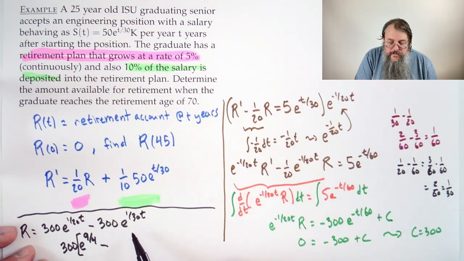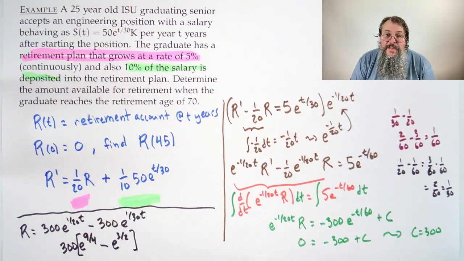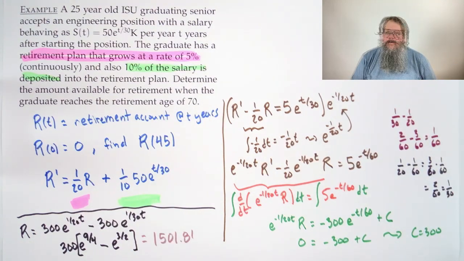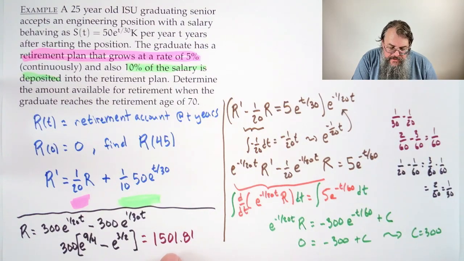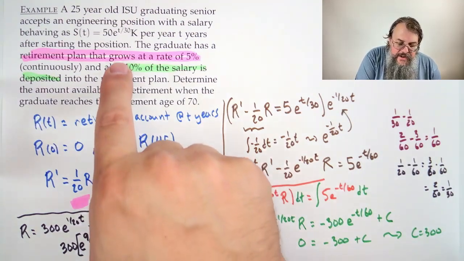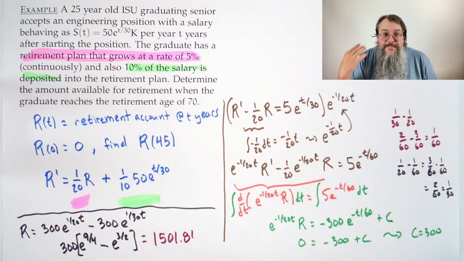Then subtract 45 over 30, which is 3 over 2. And whatever that turns out to be, times thousands. Let's go check that out. All right, so if you plug it in, it turns out this number is 1501.81. But remember, these are in thousands. So it means $1.5 million.